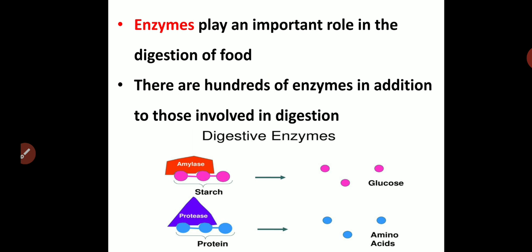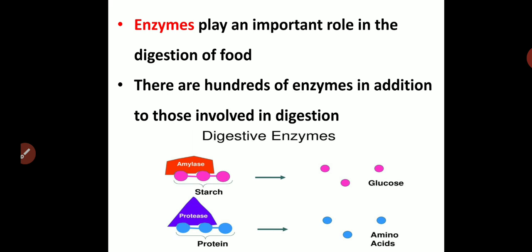To carry out this process of digestion, we have something called enzymes in our body, and these enzymes play a key role in digestion. There are hundreds of enzymes present in the body, in addition to those involved in digestion. But the general characteristics of all the enzymes are the same. There are the digestive enzymes especially.